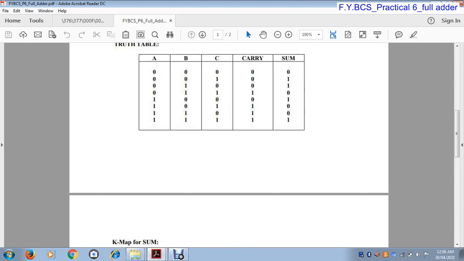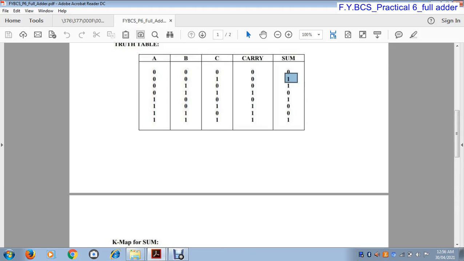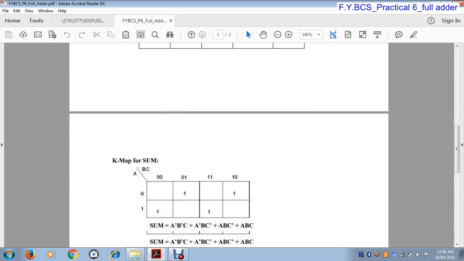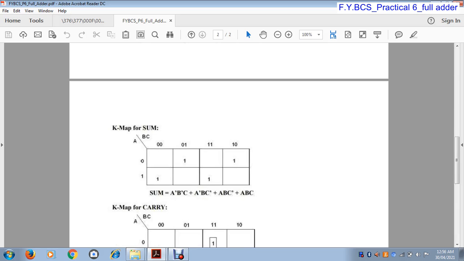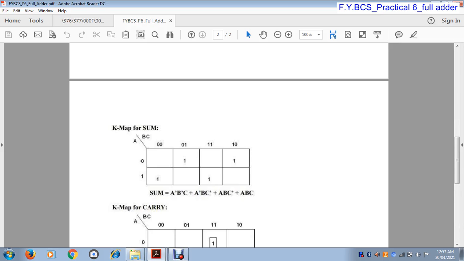So for this one the condition is A0 B0 C1. In this cell we write 1. For the next one the condition is A0 B1 C0. In this cell we write 1. For the next one the condition is A1 B0 C0.